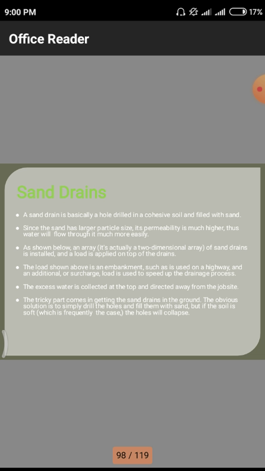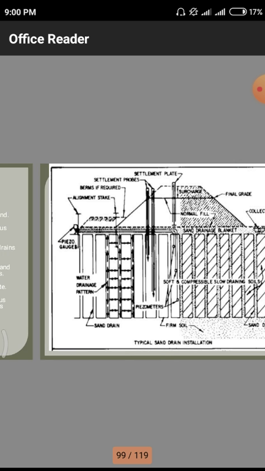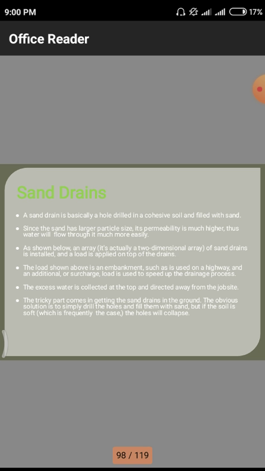Next thing, the excess water is collected from the top and directed away to the particular job site. Whatever water is collecting in the sand drains simply comes to the top because of the surcharging load. The total water will be collected and drained by using some small canals maintained on the particular field itself. The excess water is collected on the top surface.